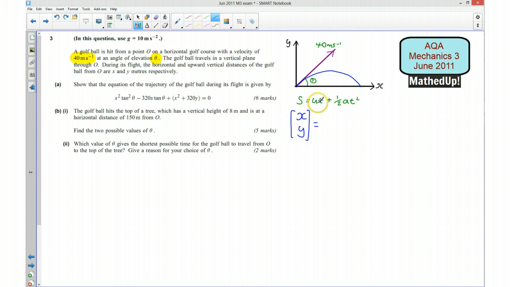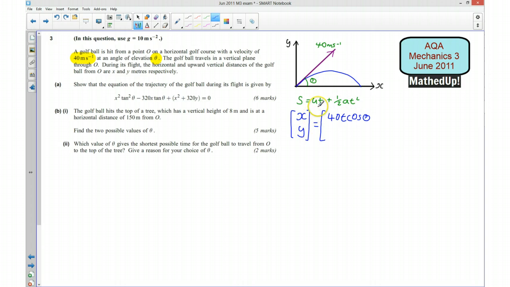For my x, u is going to be 40 cos theta. So ut is going to be 40 t cos theta, plus half at squared, but we've got no acceleration horizontally, so that part is going to be 0.